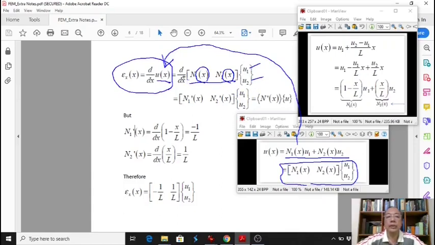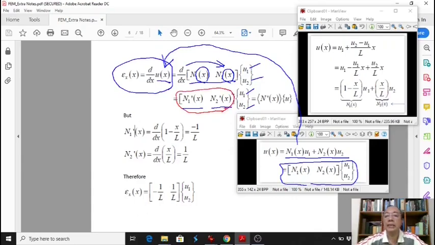So d per dx of N1 of x is N1 prime x, and d per dx of N2 is N2 prime x, maintaining U1 and U2. We can simplify all this.